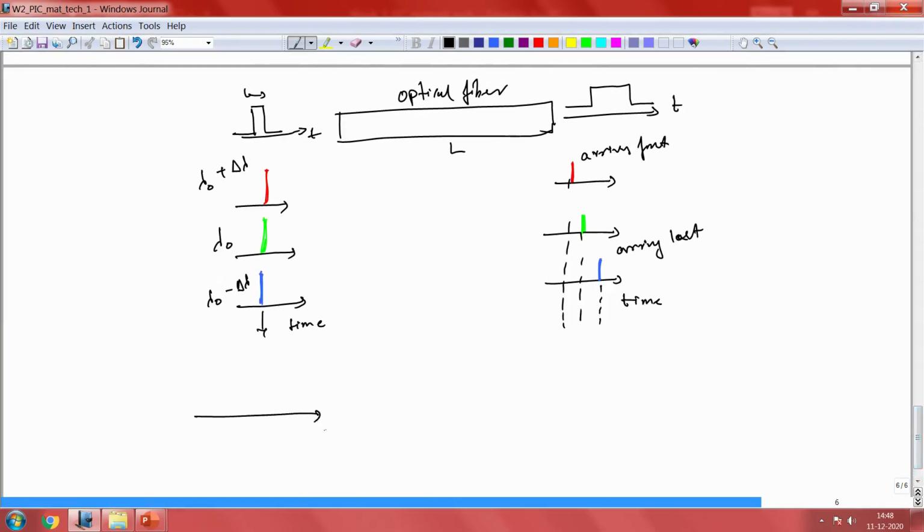So why are we interested in this pulse width? When you are sending a signal, you are going to send on-off signals, so zeros and ones are going to go through the system. When you have this kind of pulse broadening, the first pulse itself will take a while to arrive and it will broaden, while the second pulse will overlap here, and the third pulse perhaps will overlap like this.